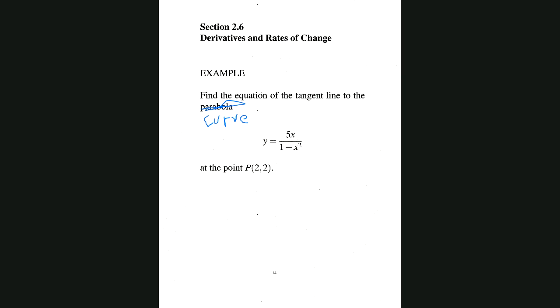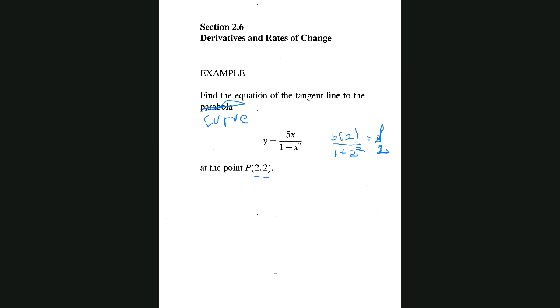Because if you let x be 2, 5 times 2 over 1 plus 2 squared, that's 10 over 5, that equals 2. So when x is 2, y is 2.